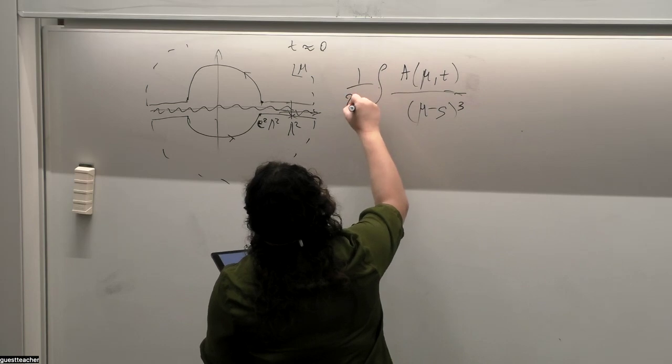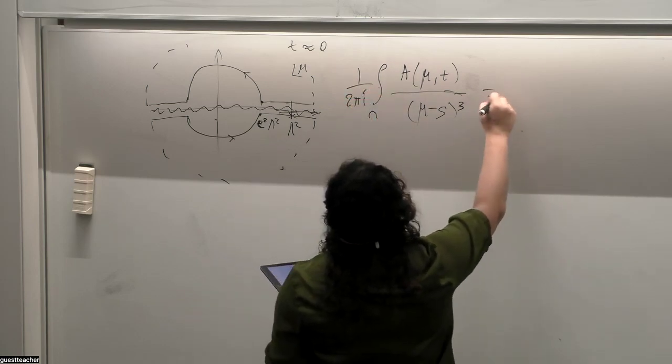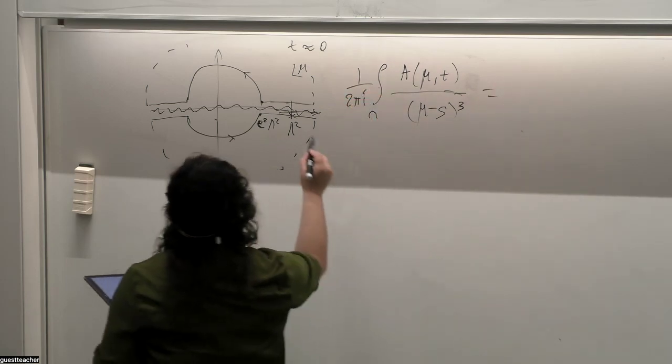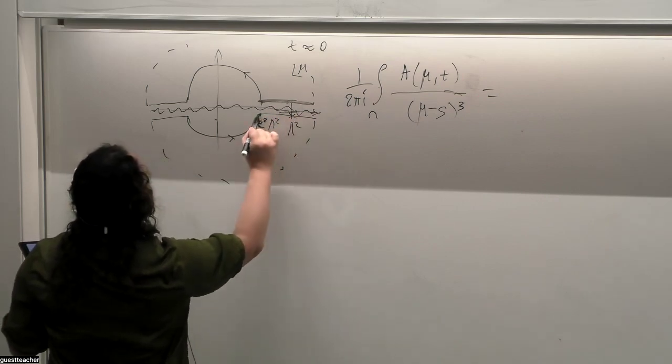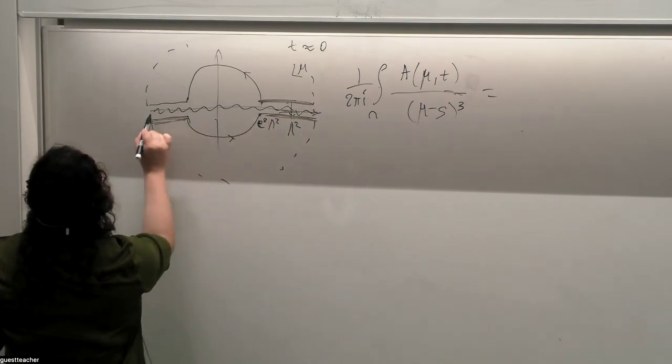I can take 1 over 2 pi i to get it real, and then I can transform it to an integral over the branch cut here and the branch cut here.